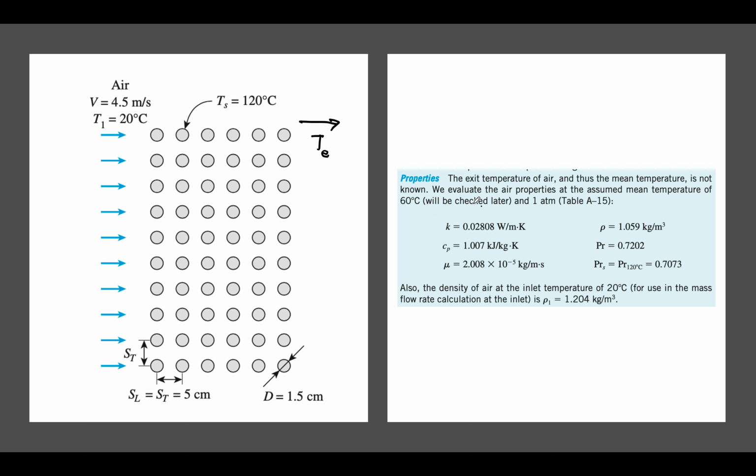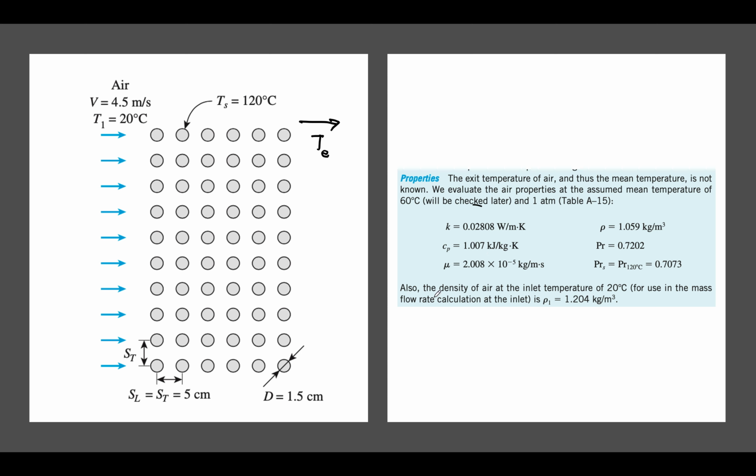So we assume the mean temperature is 60 degrees Celsius. At your level, you might not need to assume the mean temperature because T exit will be given in your question, and all these properties will be given.